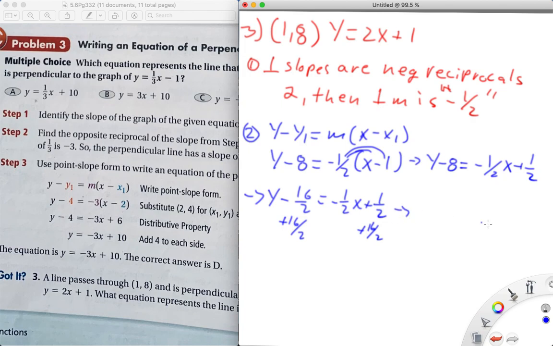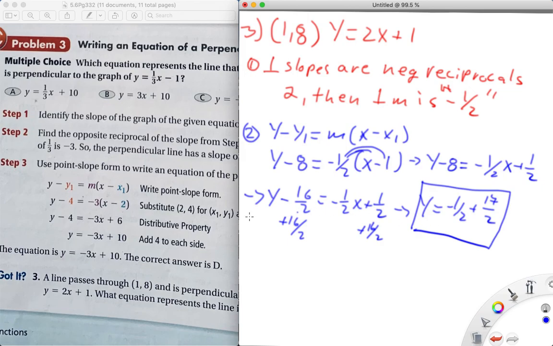And that gives me y equals negative 1/2 x plus 17 halves. And that is my equation, in slope-intercept form.